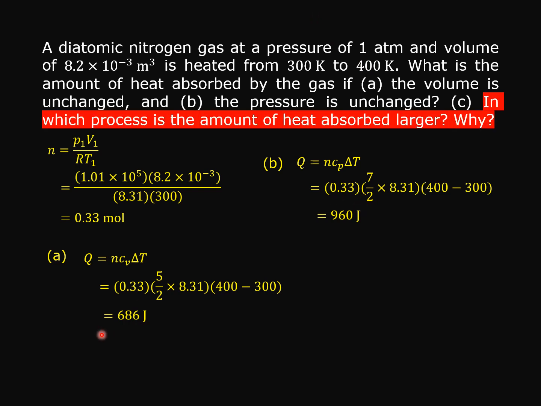For part C, the question asks, between these two processes, in which one the gas will absorb more heat? From our calculations, we know that in case B, the amount of heat absorbed by the gas is larger compared to case A. To make the comparison, please note that delta T for these two cases is set to be the same, which is 100 Kelvin.